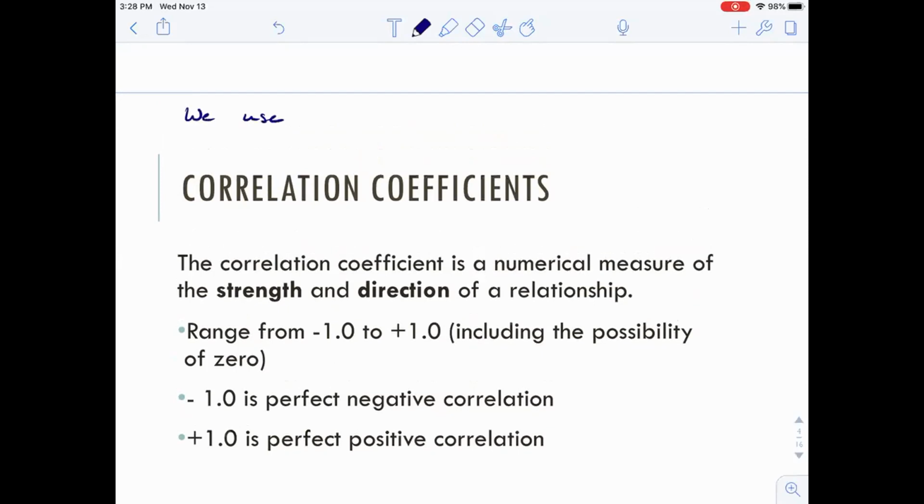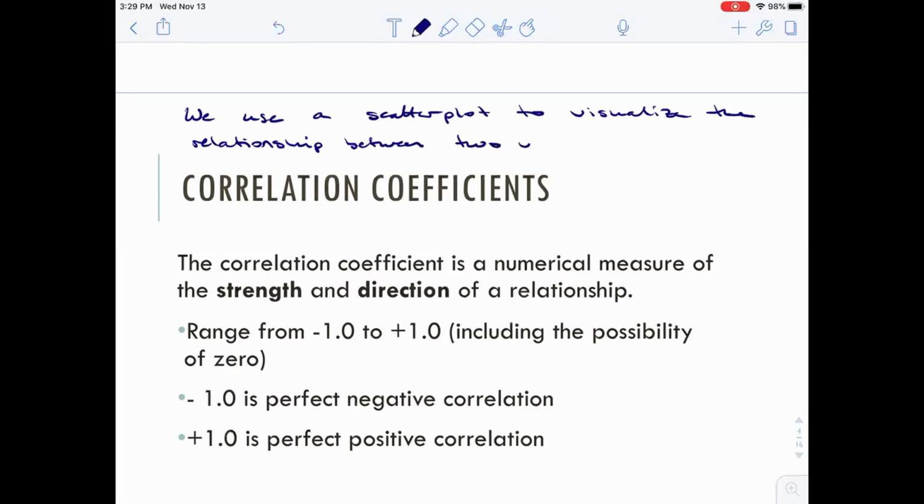We use a scatter plot to visualize the relationship between two variables.